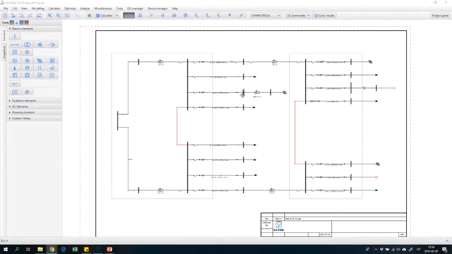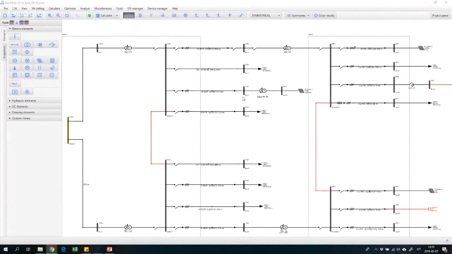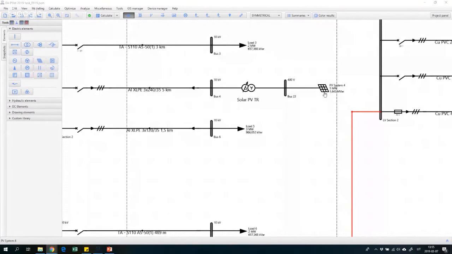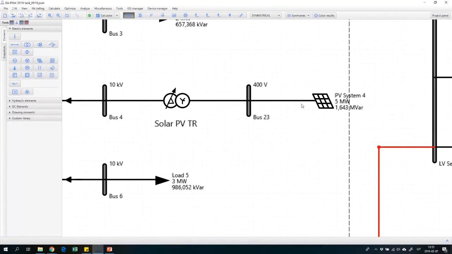As I mentioned, we will concentrate more on solar PV network related calculations, and one of the problems which engineers need to solve in practice is whether we can connect a solar power plant to the existing electrical network.